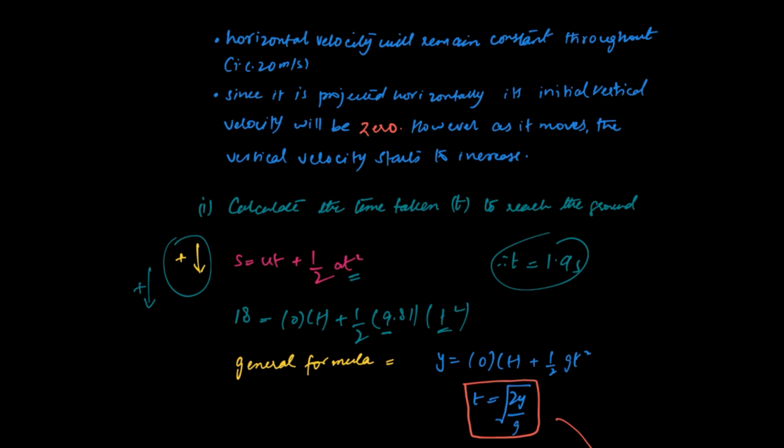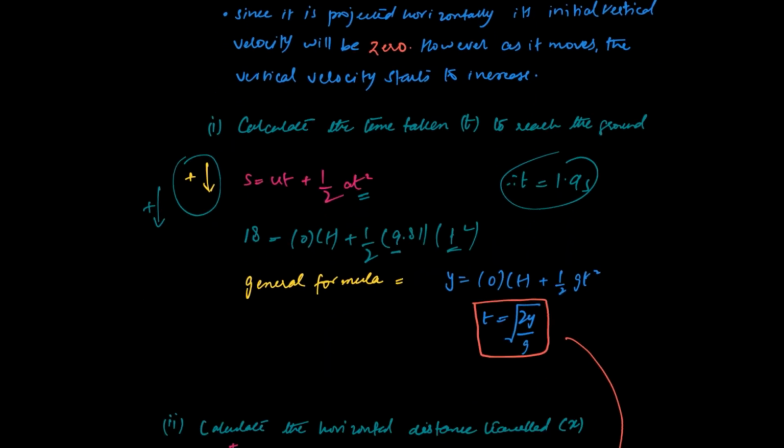seconds. So there is a general formula to find the time taken. It is y, that is in this case the displacement, equals 0 times t, the reason there is a 0 is because the initial velocity in the vertical plane is always 0, so 0 times t would also be 0, plus half of g, the acceleration due to gravity, times time squared.